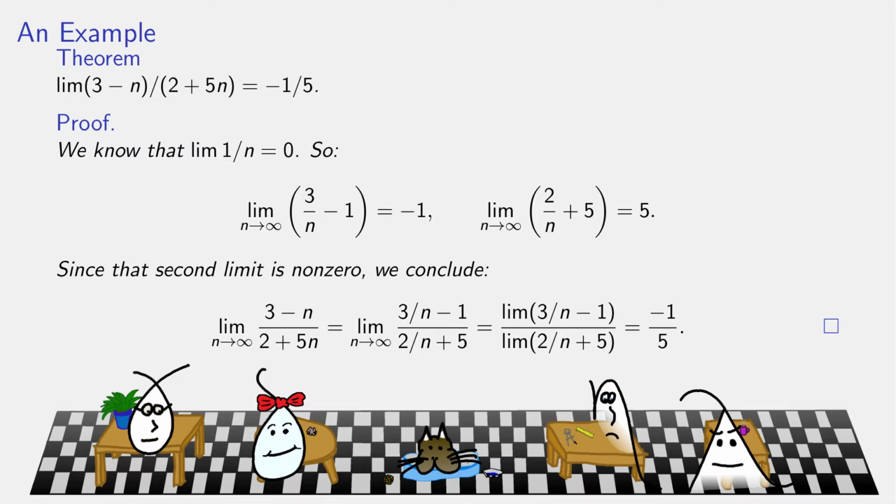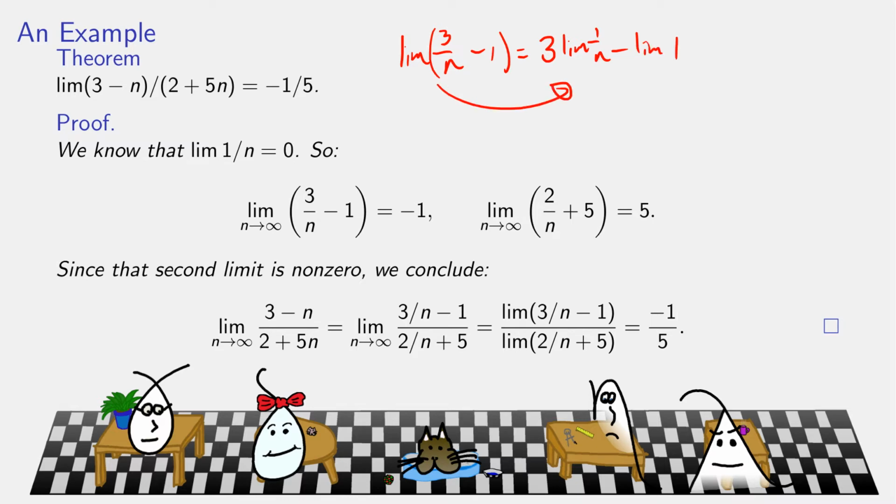I want to stress that the order we did these steps was pretty deliberate. We never took any operations of limits, like factoring out a constant or factoring a limit across a sum or distributing it across a sum, until we had already established that all the underlying limits existed. I didn't just go right into saying the limit of 3 over n minus 1 is 3 times the limit of 1 over n minus the limit of 1.